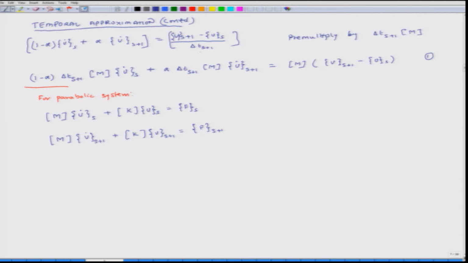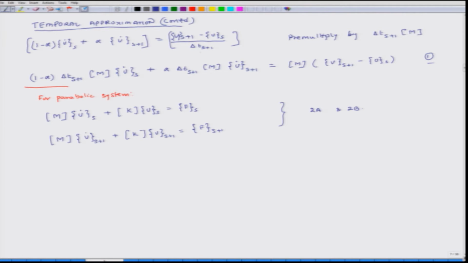Please remember that these equations are at element level. We have not done the assembly of these equations, so we have to develop these equations for each element at each time step. We call these equations 2a and 2b. So that is equation 1, and this is 2a and 2b.